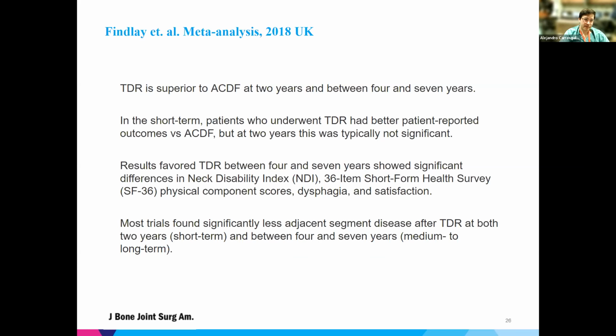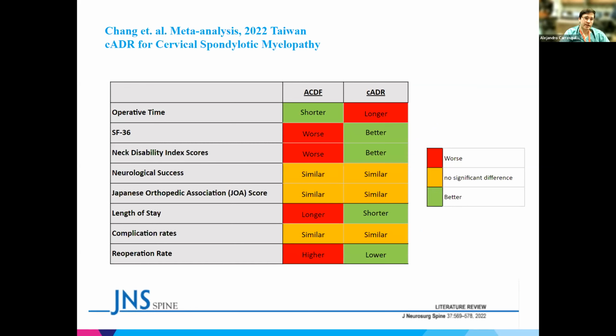and 7 years. There's a recent meta-analysis, and it focuses specifically on cervical spondylotic myelopathy. This is from JNS, and it showed, again, longer operative time for cervical disc arthroplasty, but better SF-36 and neck disability index scores.